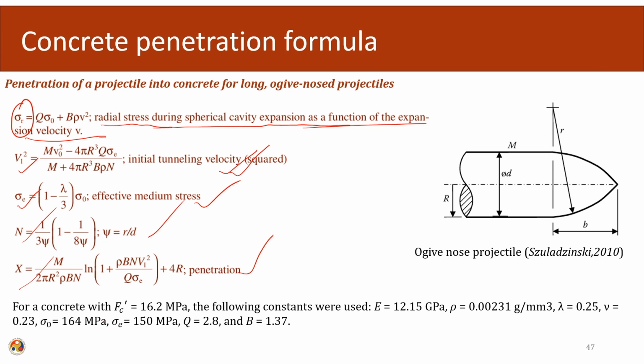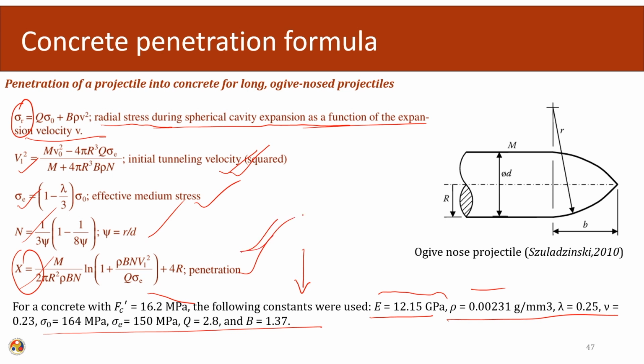For different grades of concrete, the corresponding parameters were used. This is one example where we can use the equation to predict the penetration. The grade of the concrete, density of the concrete, and properties of the concrete are used, and then we can calculate the stresses and the penetration depth. This is given for an ogive type of nose projectile. The shape of the projectile looks like this.